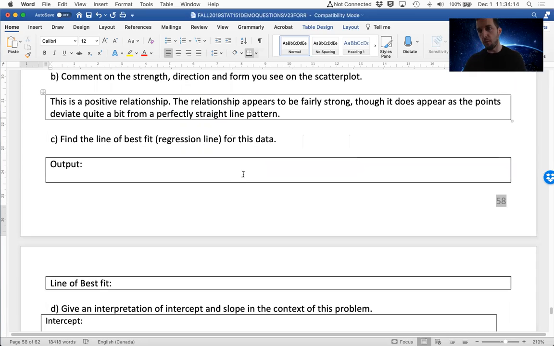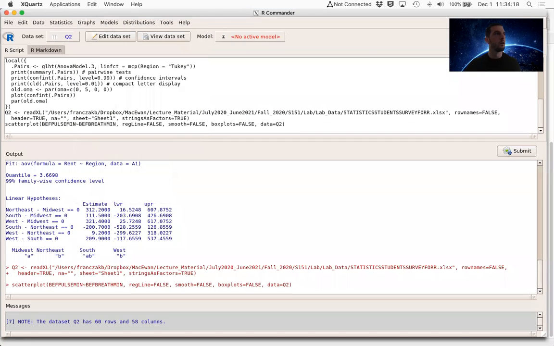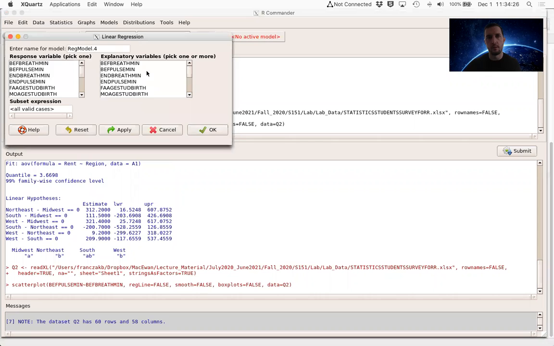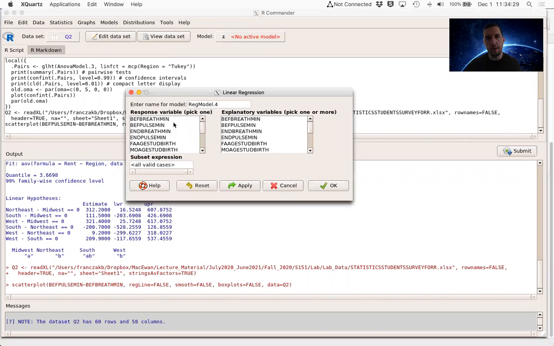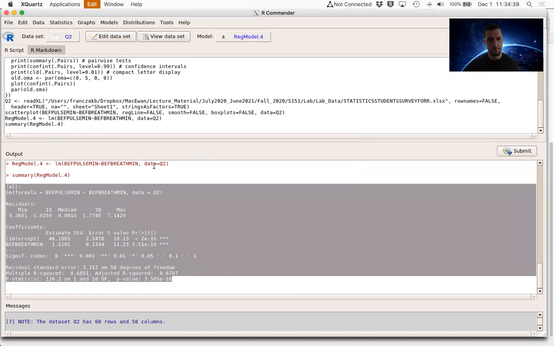Okay, find the line of best fit. So this is the most important part. If we want to do regression in R, we go statistics, fit models, linear regression. Then we pick our response variable, which is pulse. We pick our explanatory variable, which is breath, and we click OK. And here's the output.